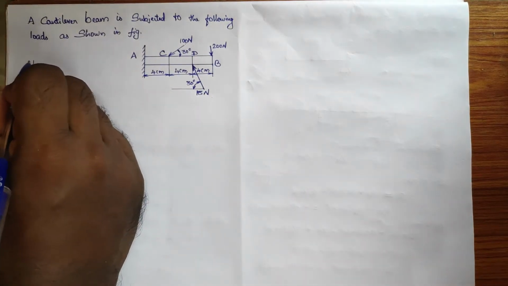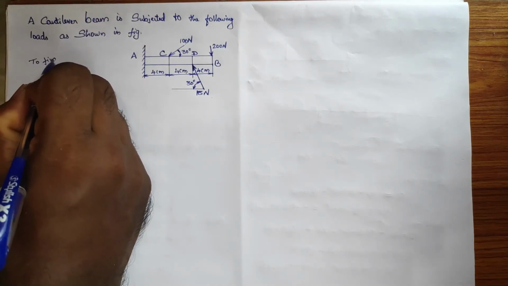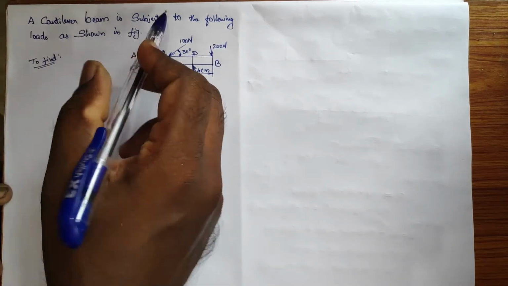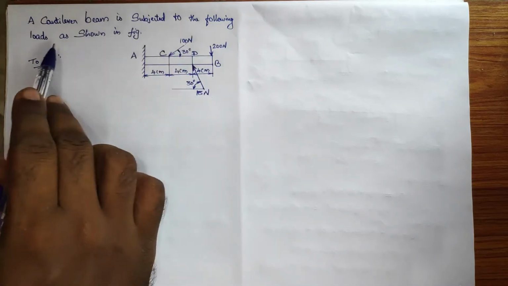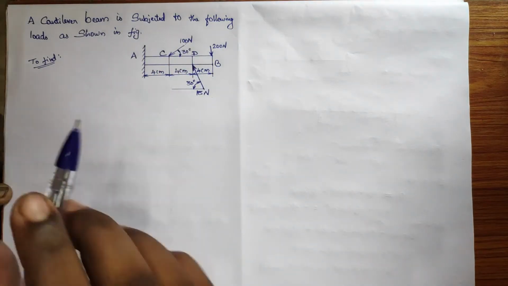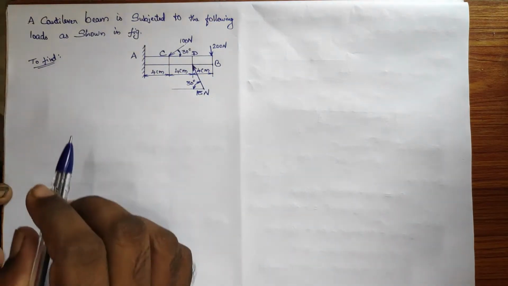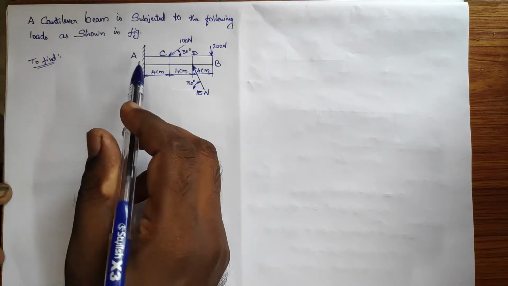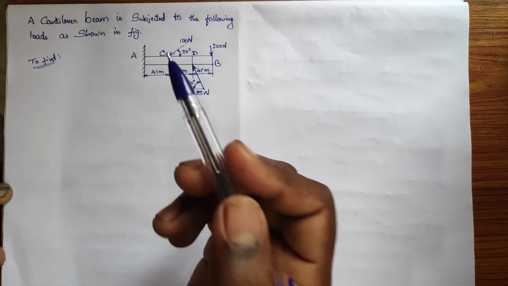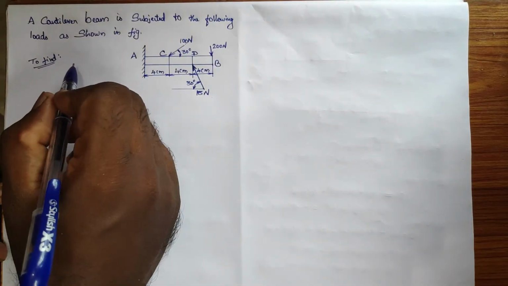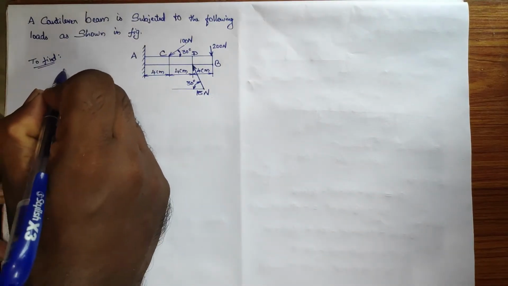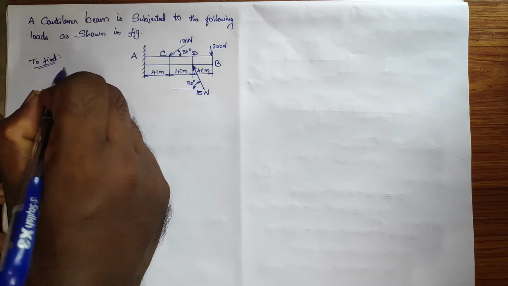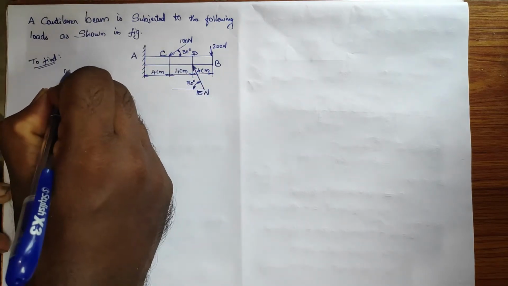So here, the cantilever beam is subject to the following loads as shown in the figure. We need to find the unknown reaction force at the support, called a fixed support.